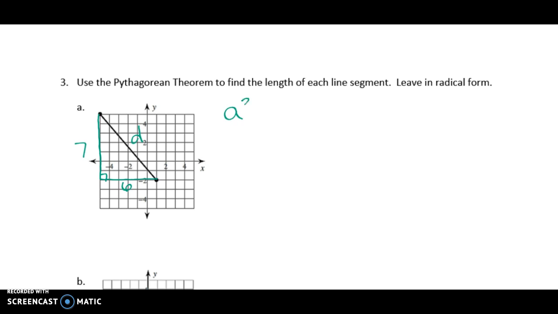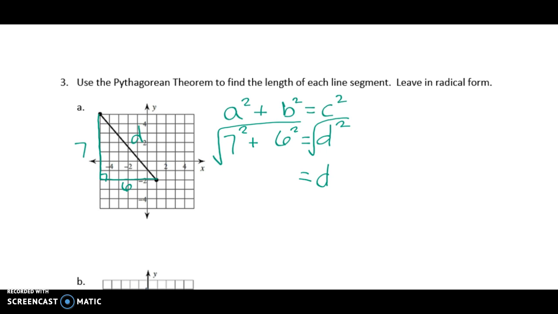So again, Pythagorean theorem says a squared plus b squared equals c squared. The c squared, the one after the equal sign that is by itself, is always that hypotenuse. It's across from the right angle. So it doesn't matter which one is 7 and which one is 6, we just plug it in. We're trying to find that distance for the hypotenuse. To get it by itself, you take the square root. So the distance will be the square root of 7 squared plus 6 squared.